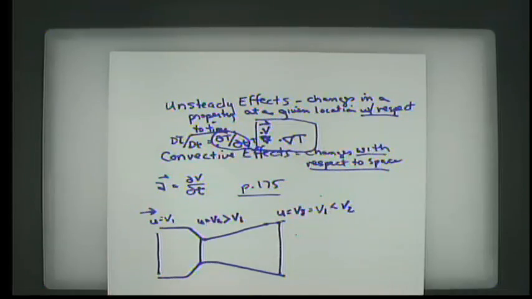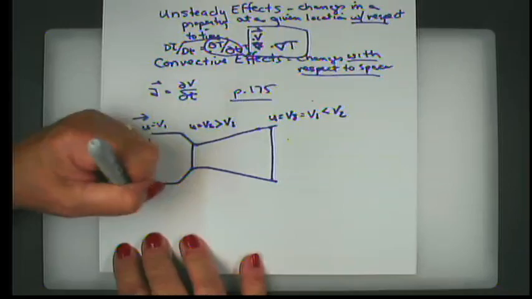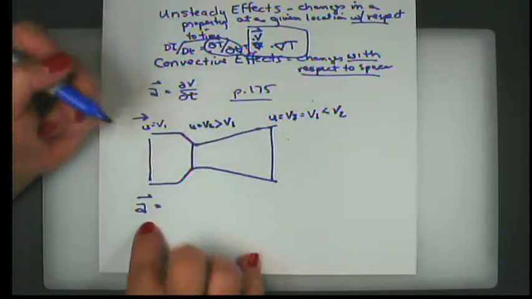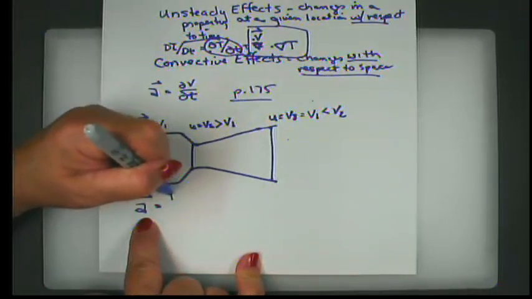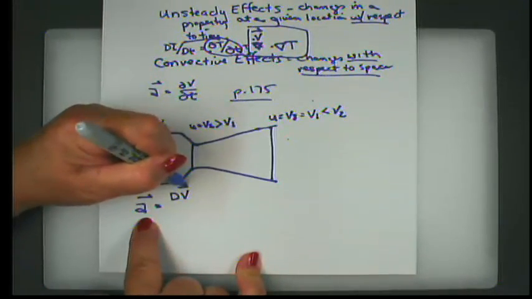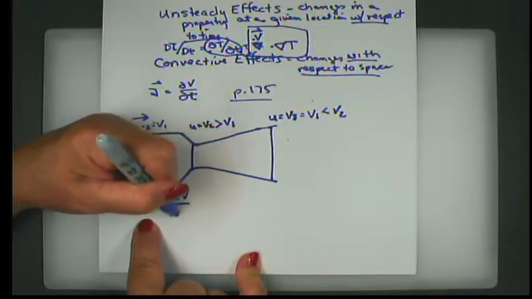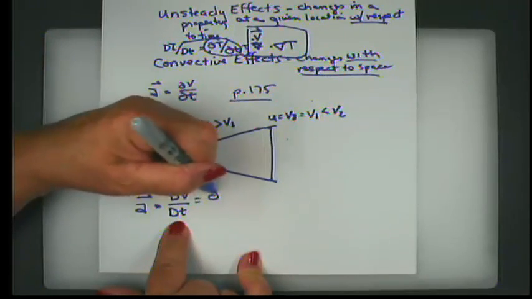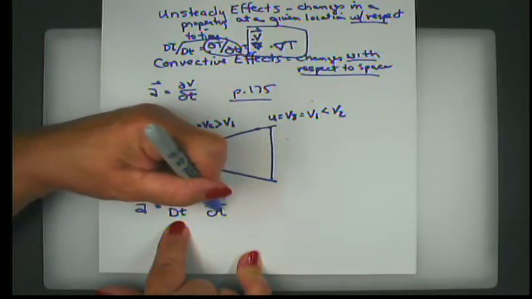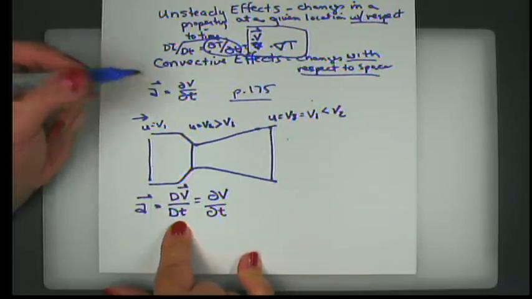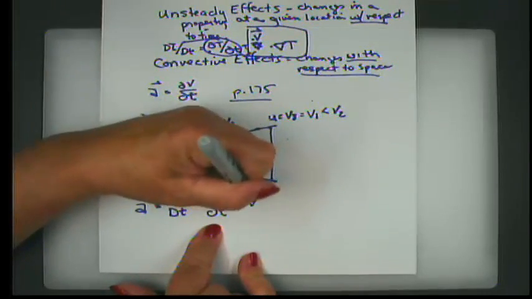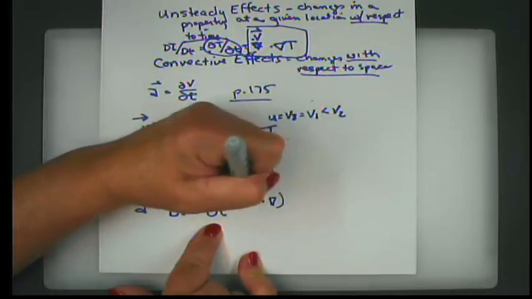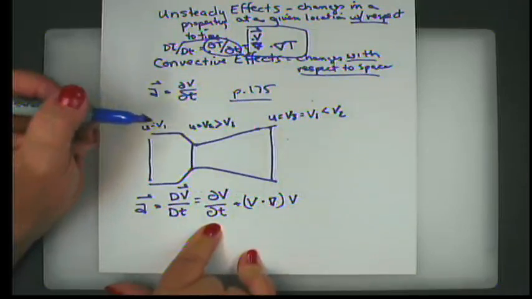All right, so in general, the most general form for the equation for acceleration of a fluid is equal to the material derivative of velocity with respect to time, which is going to be equal to the partial change of velocity with respect to time, plus the velocity dotted with the gradient of the velocity.